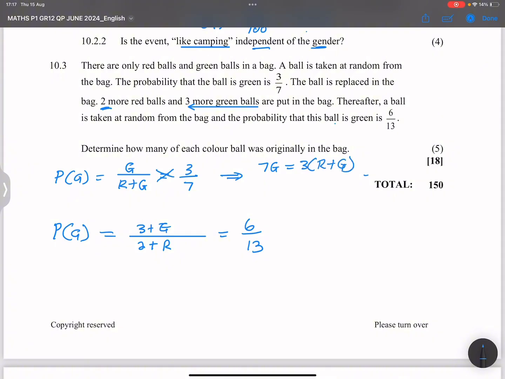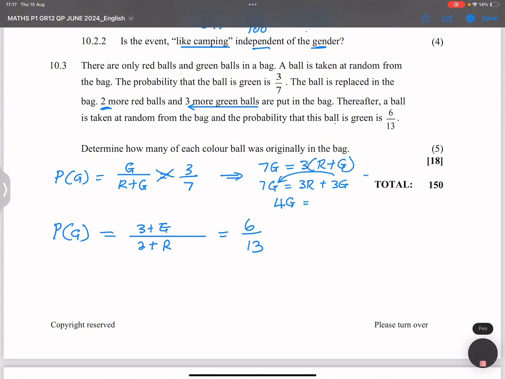Okay, so 7g is equal to 3r plus 3g. Right, if I take this to the other side, that would be 7g minus 3g. That would be 4g equals 3r.